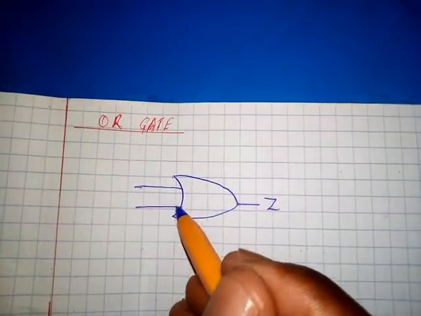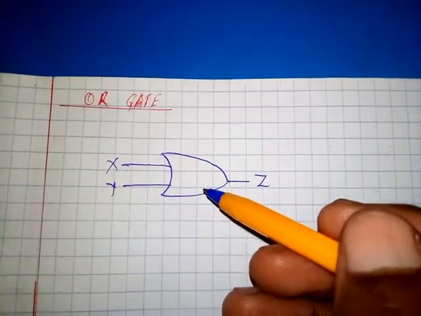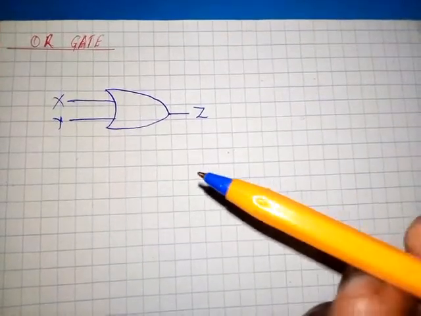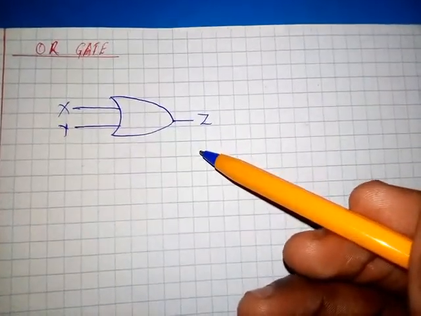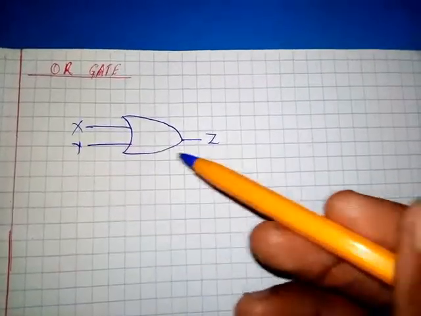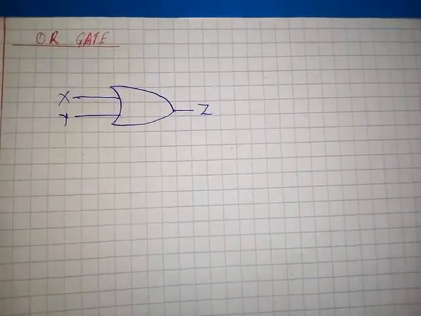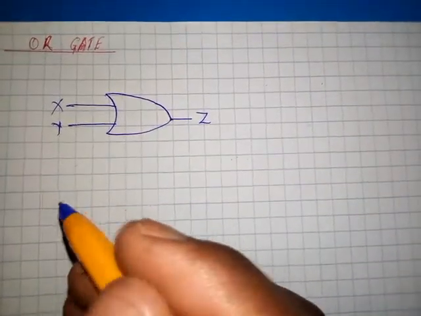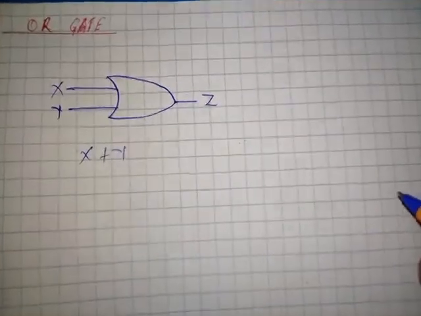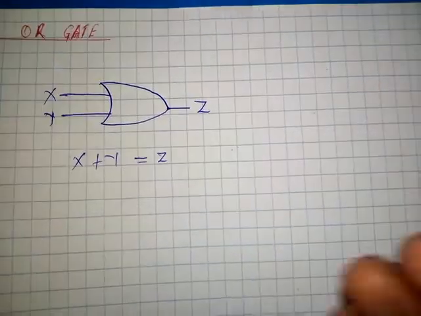Then you have these two inputs, X and Y. Z is the output, and the output Z is the binary sum of the inputs X and Y. You can therefore represent this as X plus Y is equal to Z.